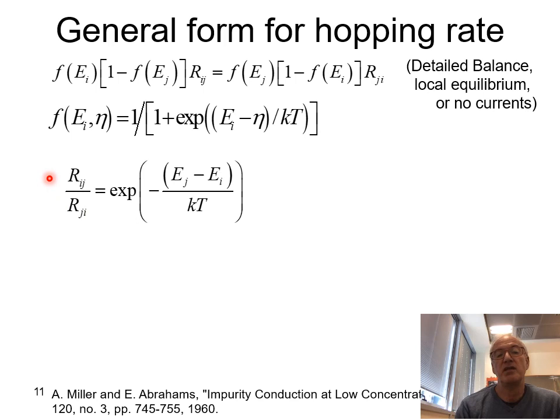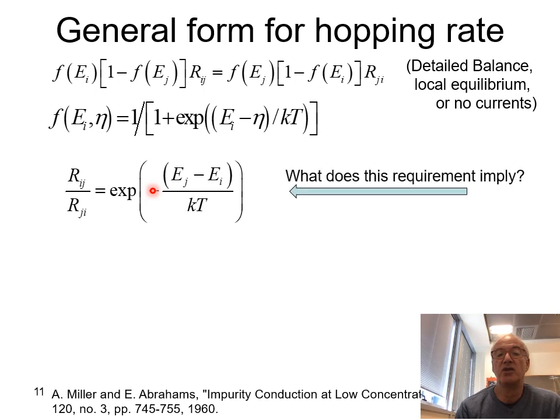If you demand the rate forward and backward to be activated by this expression, it really contains some kind of requirement that you demand that the system will obey. You can understand that from the way I've reached this expression. So we need to fulfill this requirement, and you can check if the expression we arrived at before fulfills it. I hope it does.